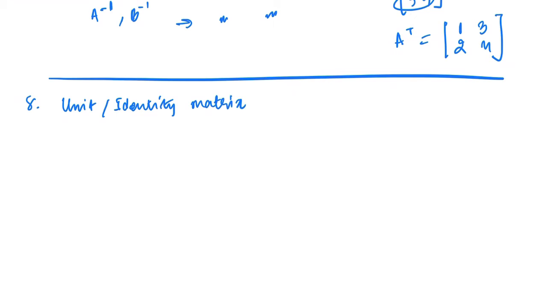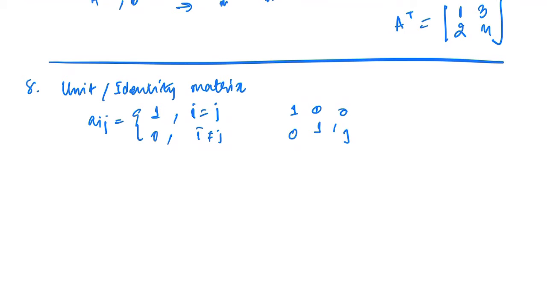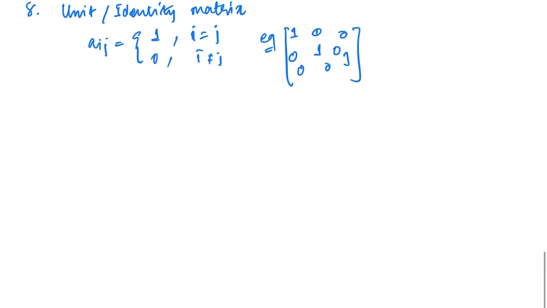A unit or identity matrix is basically where Eij is 1 for i equal to j and 0 for i not equal to j. In simple words, it will be like this. It can be of any order; this one is of order 3, third order.